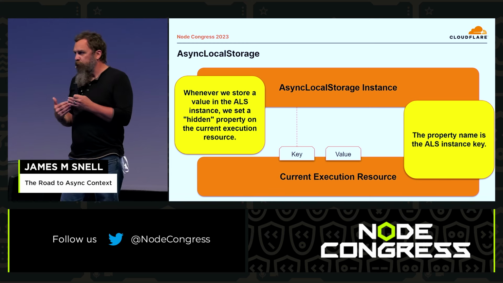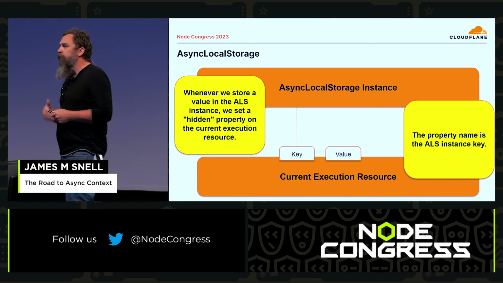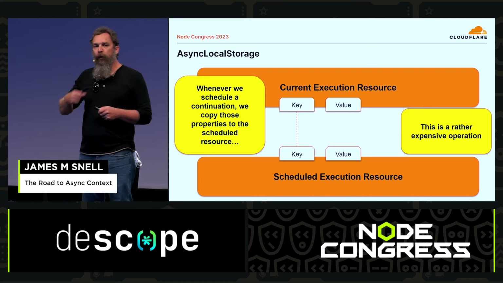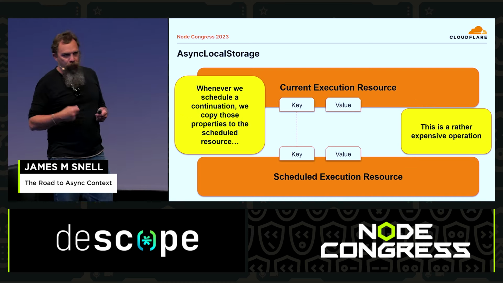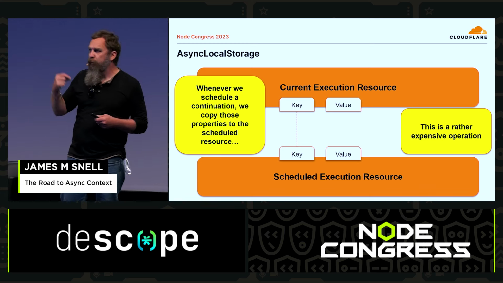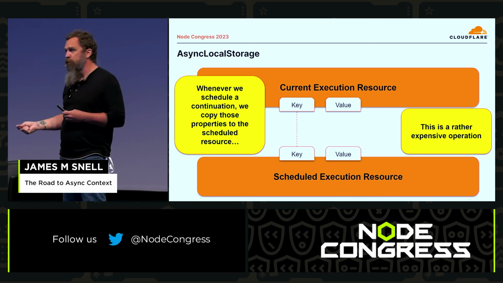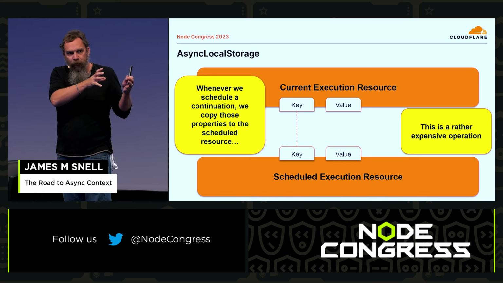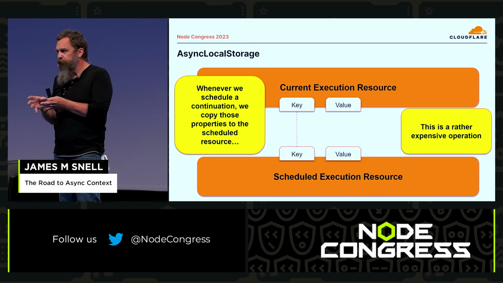On that current execution resource, there's going to be 10 keys, 10 different values, right? Every time we schedule a new thing, a new timer, a new promise continuation, every time you create a new promise, what we end up doing now is we take the full set of those properties and copy them to the new resource, right?